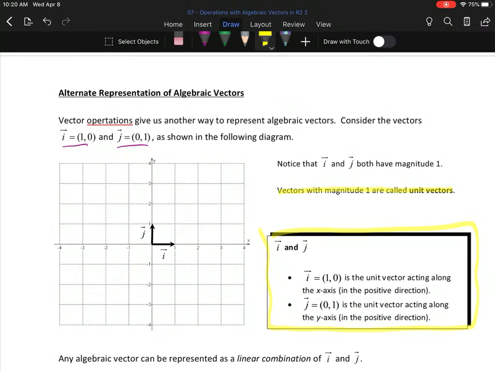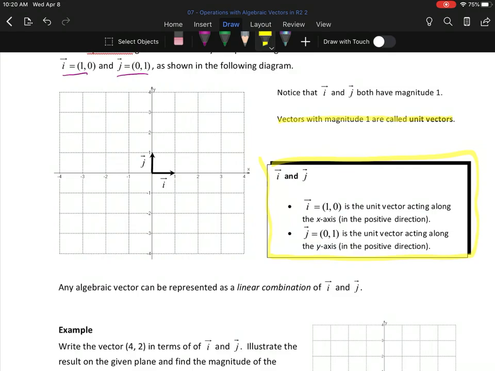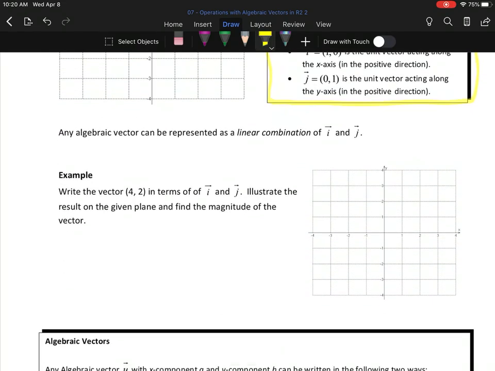Now, the power of i and j might not be clear yet. It's going to take a little bit of time, so you just have to trust that this is a really cool way to write vectors and a really powerful way. So any algebraic vector can be written as a linear combination of i and j. And what I mean by that is any vector you come up with, and this vector they said was 4, 2. Well, that can be made up of 4 i's. There's the i vector.